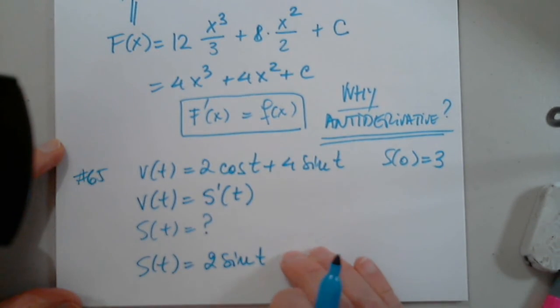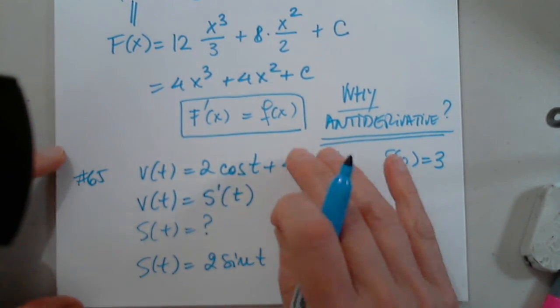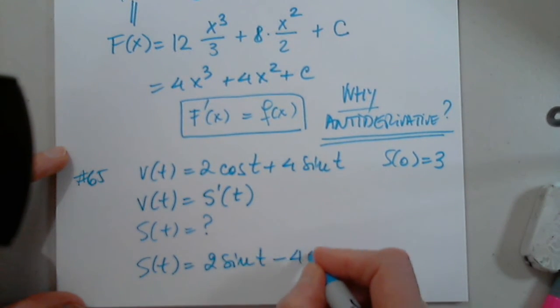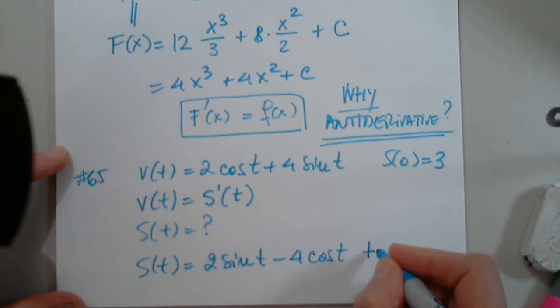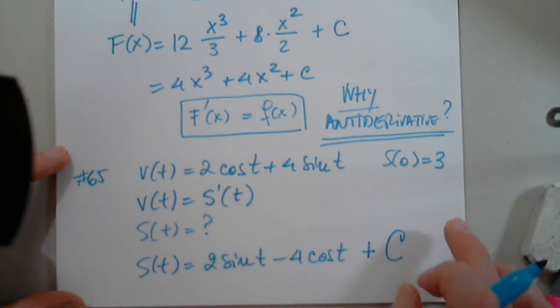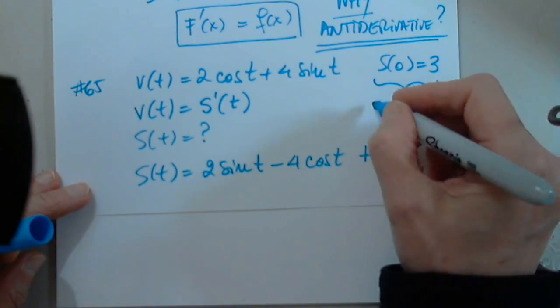Perfect. Now, what function prime is this? So please, I'm begging you to pay attention. I see you are. So this is very important. And stop me. Yes? 4 cosine t. Very good. And of course, we have to add the constant. This is a family of functions. However, this is called an initial condition.